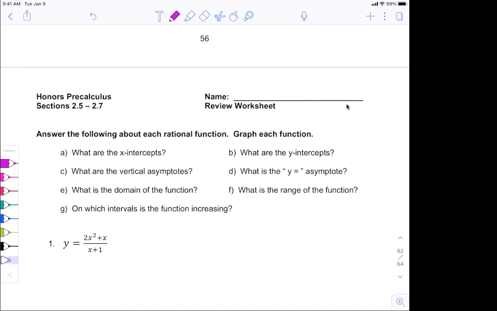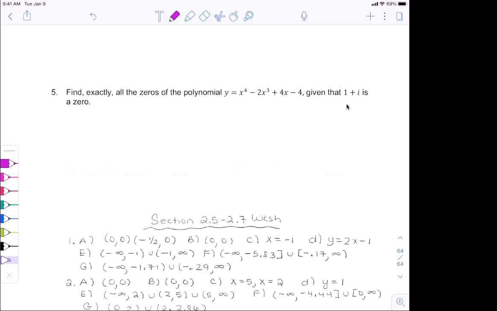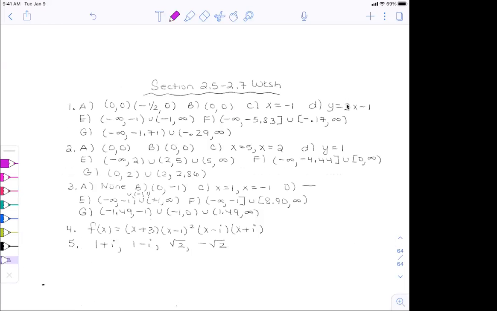This is also in that same chapter 2 packet. So if you are just using this chapter 2 packet because you have all of it in Notability, you can just scroll down or up to page 57. Or you can go to the assignment in Google Classroom and find the assignment there. The solutions are also included in the assignment on Google Classroom, and they're included at the bottom of the page.